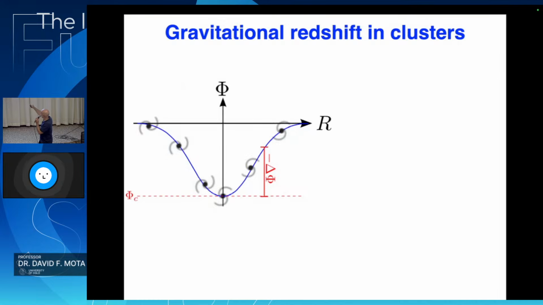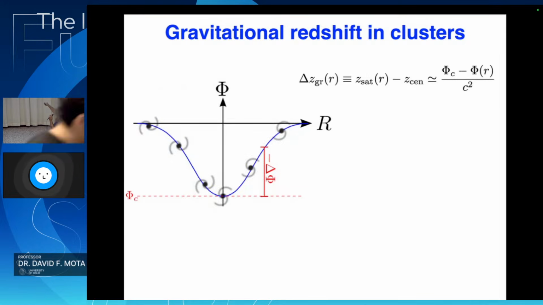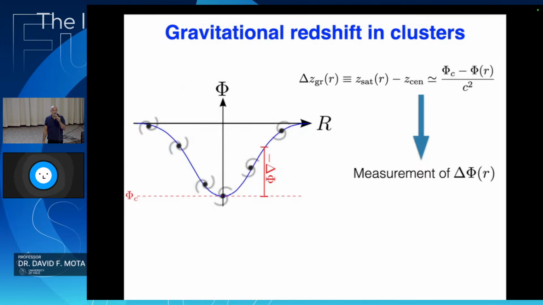From the theoretical point of view we can compute this, and it was really measured a few years ago: the redshift of photons coming from the central galaxy, compared with the redshift of photons coming from other parts of the gravitational well. The difference between those redshifts gives you a measure of the difference in the potential well. That's a very nice way of measuring potential wells.